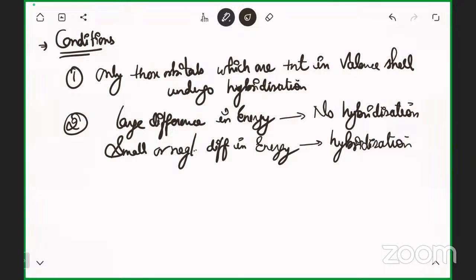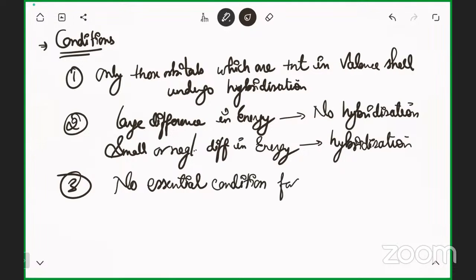Third point: there is no essential condition for promotion of electron prior to hybridization.